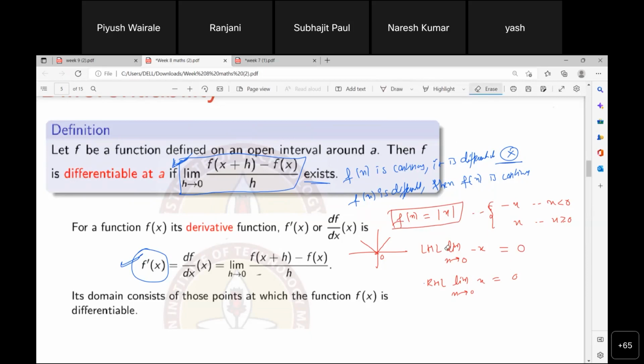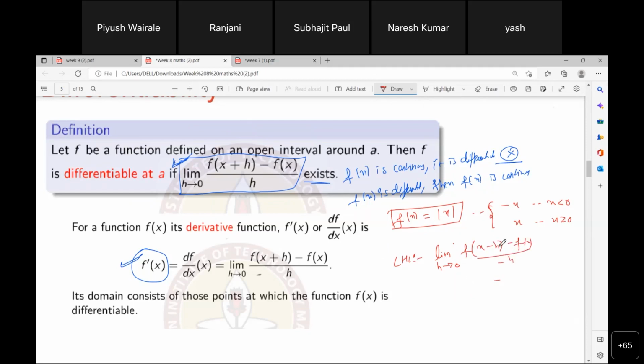Whether it is differentiable or not, how to check that? I can apply the same definition here. First we calculate the left hand limit. Limit h tends to 0, f of x minus h minus f of x upon minus h.